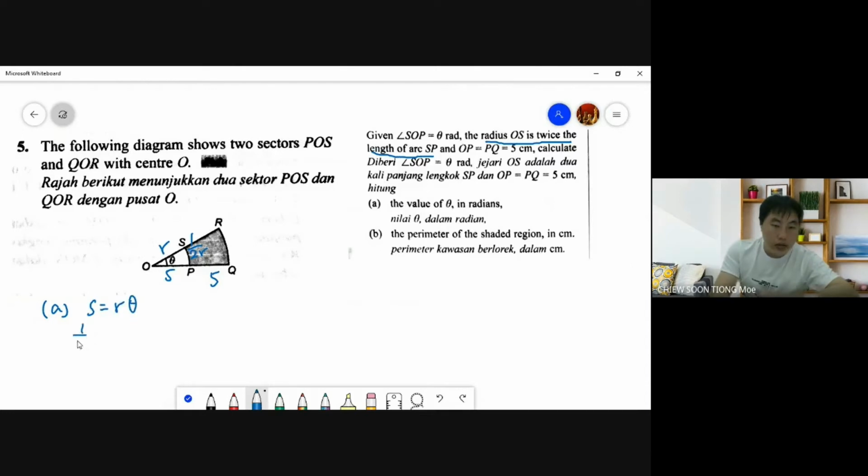S equals to 1/2 R, R is R, theta is theta. Sorry, R is 5. Actually, if you leave it as R, you also can get the answer. Just cancel off, theta equals to 1/2.